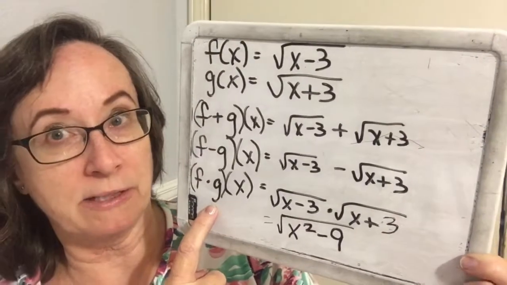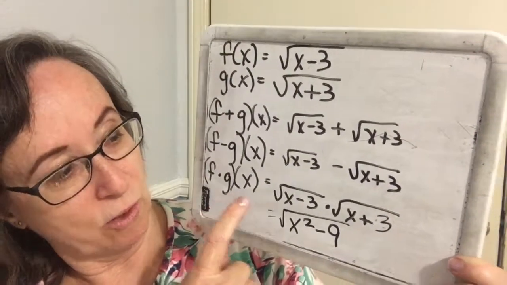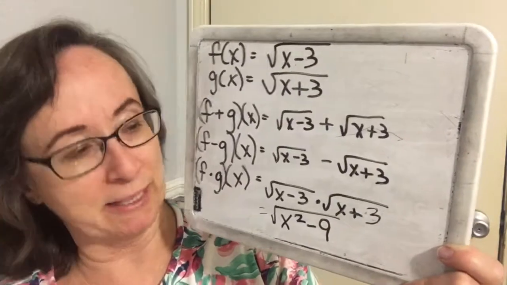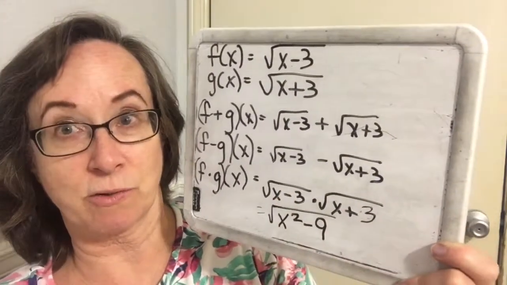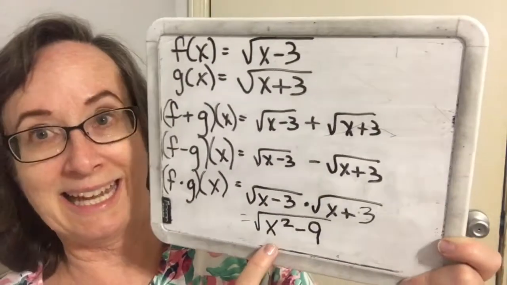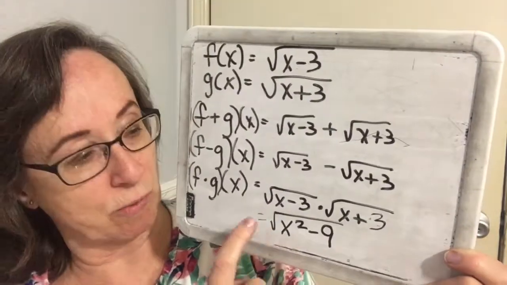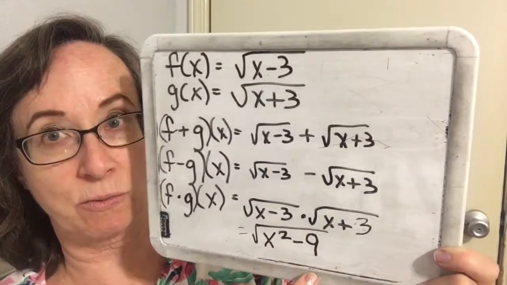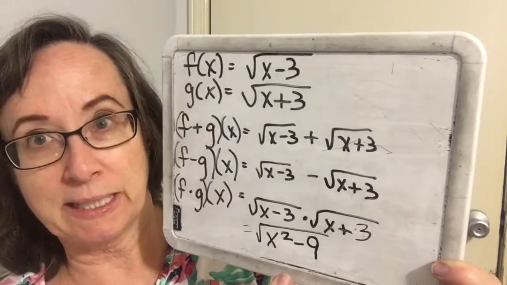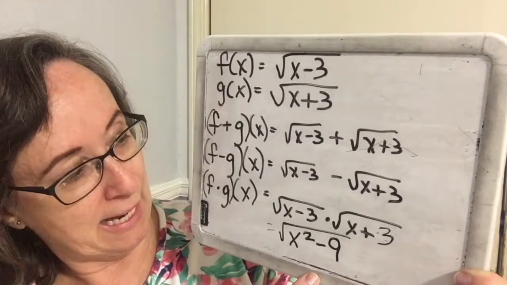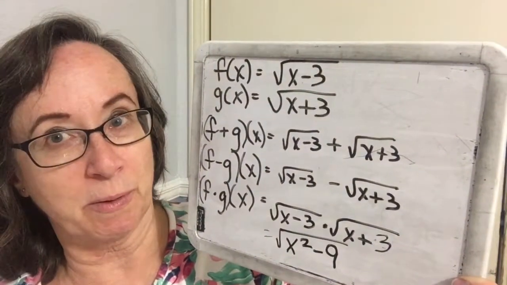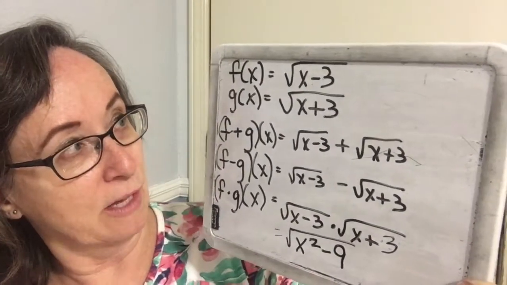When we multiply the 2 together, we can simplify a little bit, because when we multiply a square root times a square root, we can get the product of the two square roots underneath one big square root. So that one we can simplify a little bit.